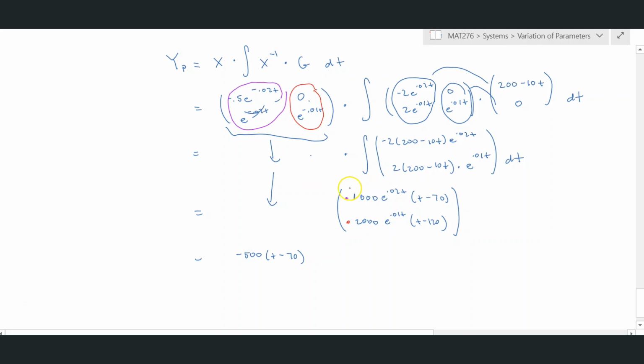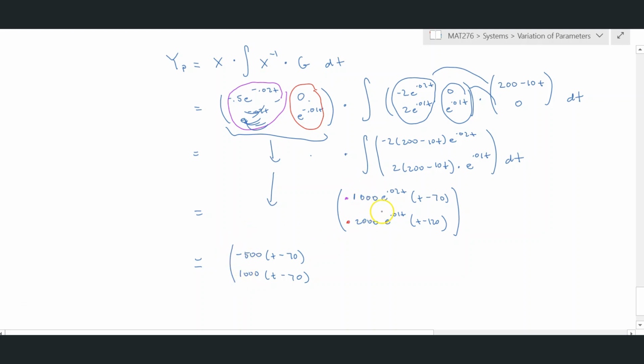But now I have to do 1000 e to the 0.02t times e to the negative 0.02t here. And that also is just going to cancel out the 0.02t's and leave us with 1000 times t minus 70. Remember, this is all a vector. This is all part of yp.